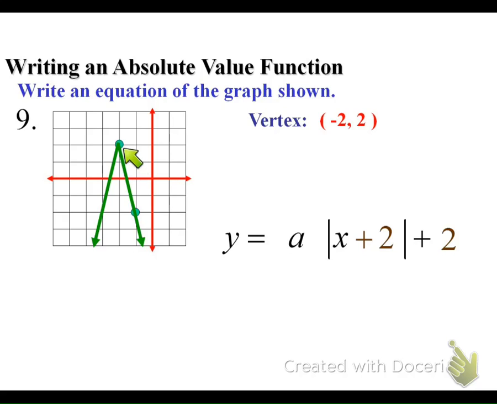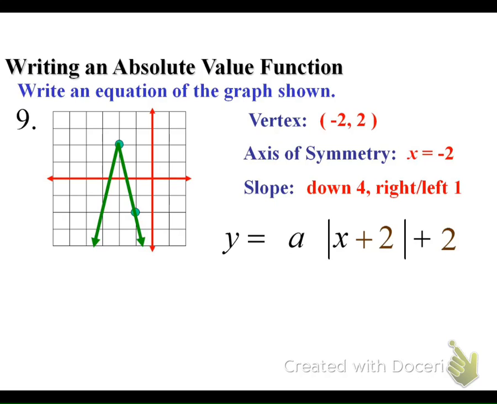So from here, you can either plug this point in for x and y and solve for A, or you can just count. I know it's going to be a negative number because I'm opening down, and this is 1, 2, 3, 4. We can also find the axis of symmetry. It's just through that vertex, the x value of the vertex. There's our graph. What are your questions?